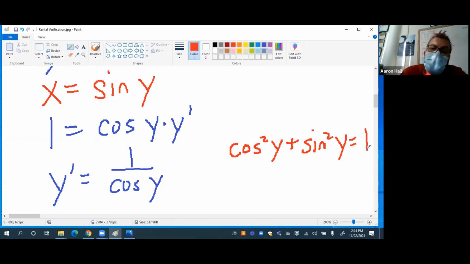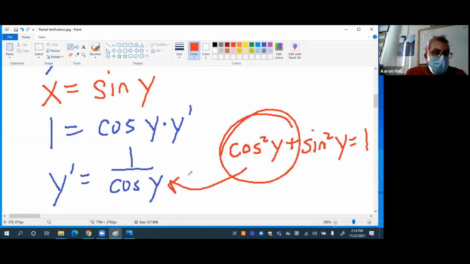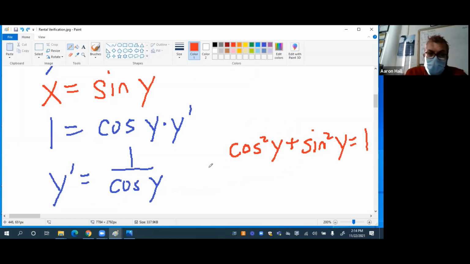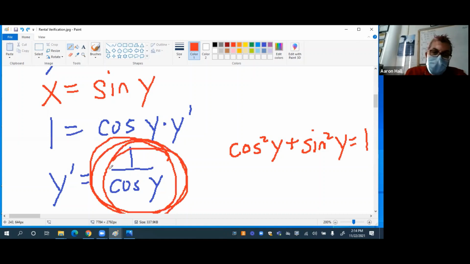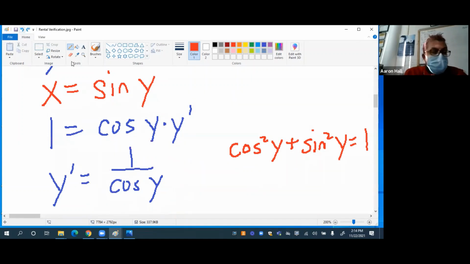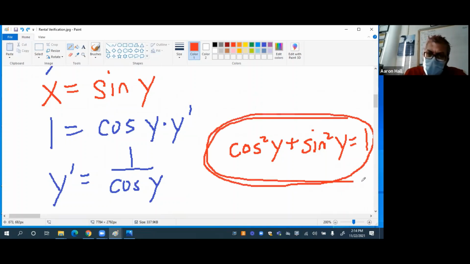Now I want to solve for cosine of y so I can substitute that in here. Ultimately, my goal is to solve in terms of x so that for any x value, I can just plug it in and it'll tell me what my slope is. Is there any way I can solve for this so I know what my cosine of y is and I can plug that into here?